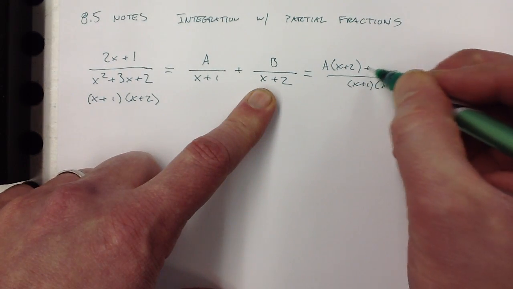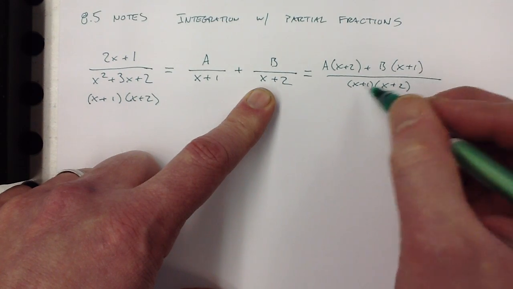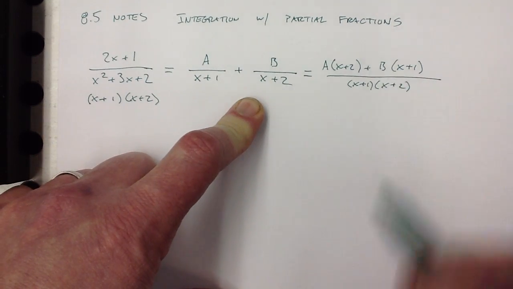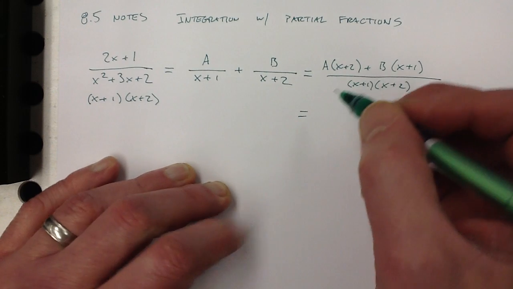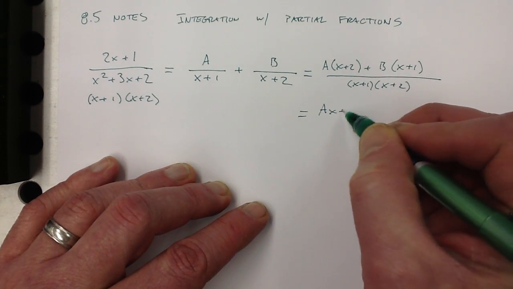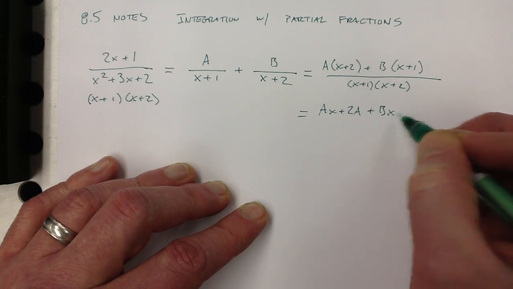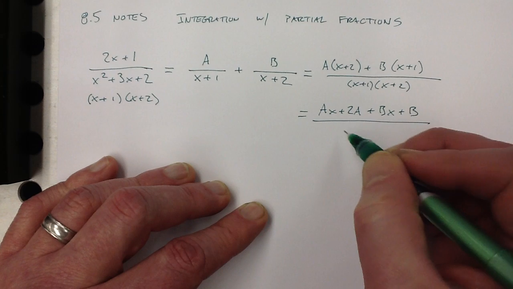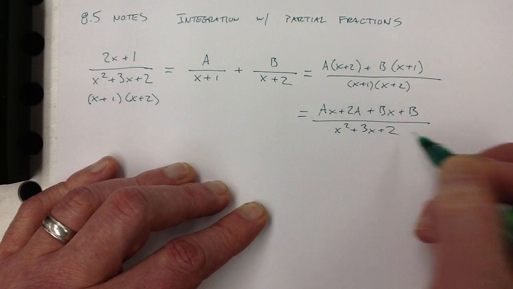So I'd have to multiply the top and bottom of that by x plus 1 to get that common denominator. I already had the x plus 2, right? But I needed to multiply both by x plus 1. And then we see that distributing this, I get ax plus 2a, distributing here, plus bx plus b over x squared plus 3x plus 2.